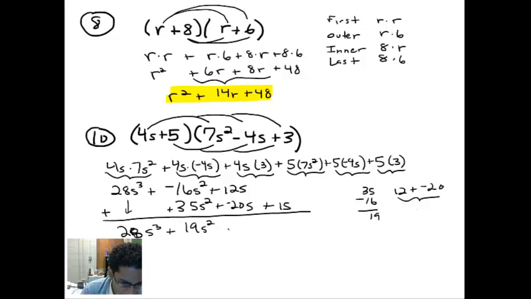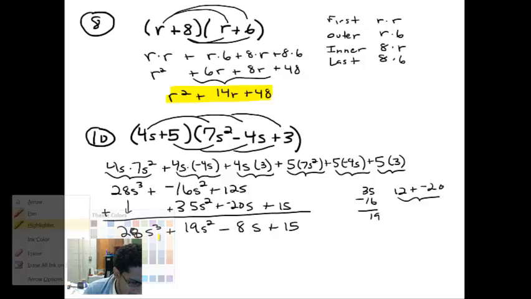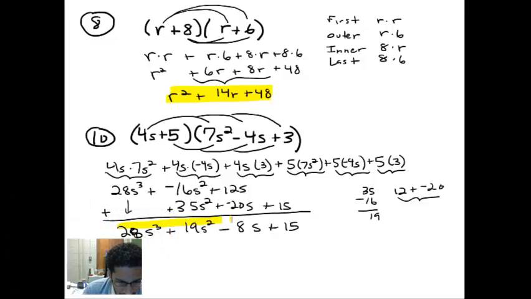So that's going to be a negative 8s. You can put minus 8s or plus a negative 8s. And then we have the 15. And so that's how we get that answer. Now there's another way. You didn't have to do it that way. I'll show the other way after we're done here.